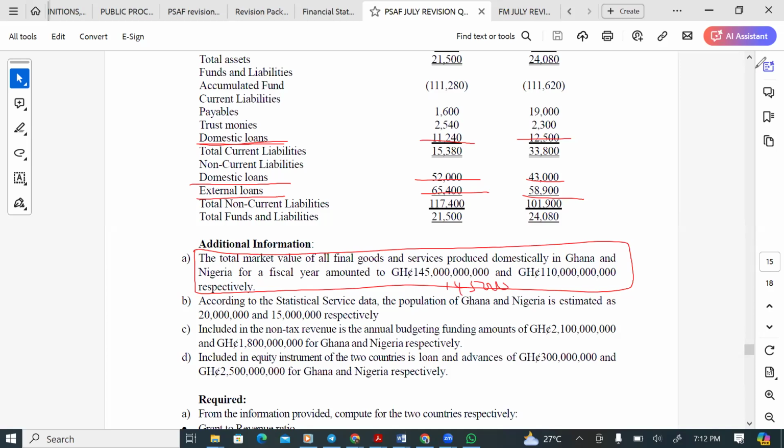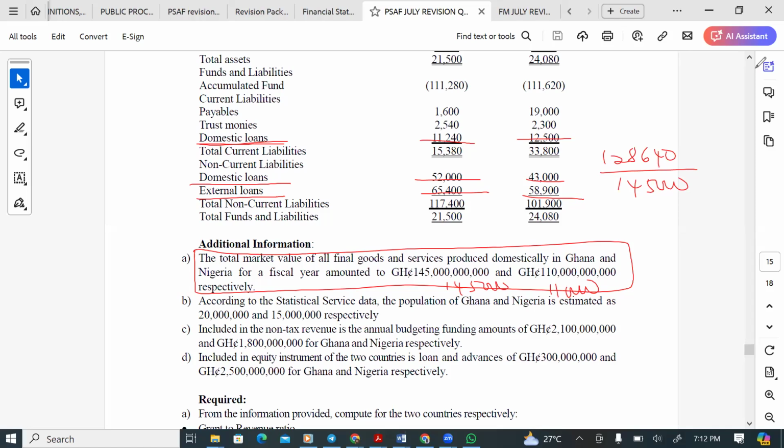So you take the million off, you have 145,000. And this one, you take the million off, you have 110,000 for Nigeria. So let's calculate the debt. I'm having 128,640 divided by the GDP, which is 145,000. What are we having? 88.72%.